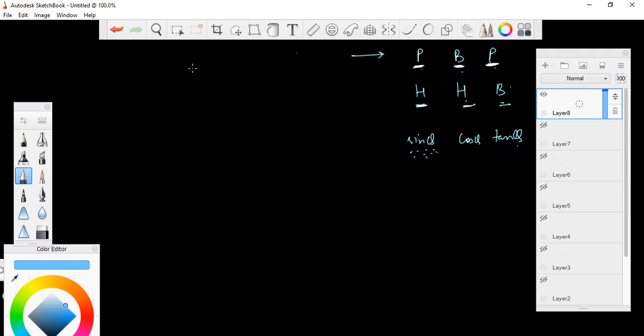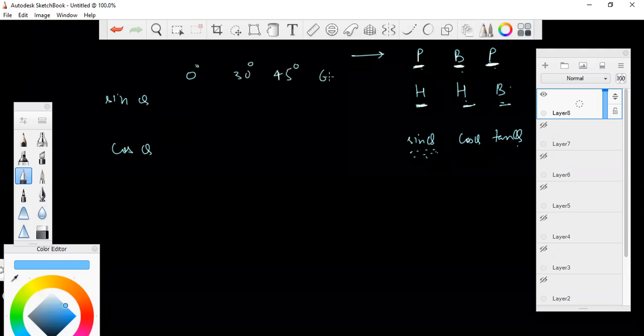Yes, sir. Now we have a few values, a few ratios that we will have to remember. Those values are of sine, cos, and tan. If you remember sine, cos, that is enough. You need to remember those values at 0, 30, 45. You will do this over and over again in maths this year. Don't worry about this.